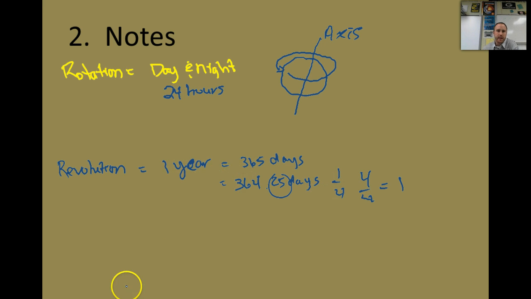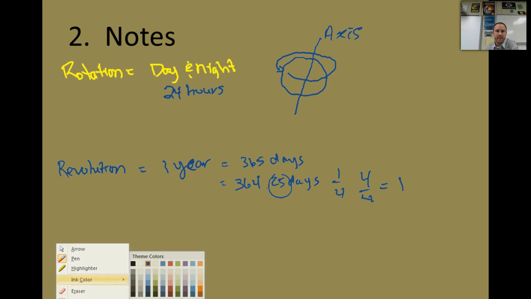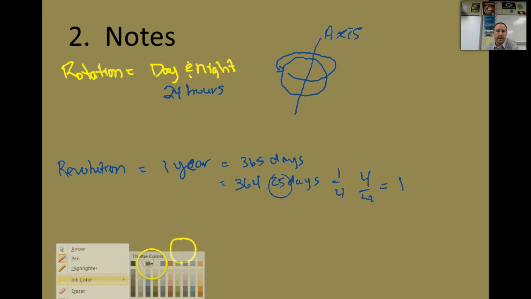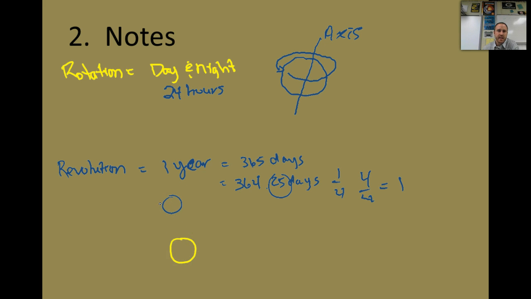So 1 year. Now, what you have to understand about this is that if this is our sun, and our Earth is located right here, the Earth is revolving around the sun. It's going around the sun. And so when it makes one complete revolution all the way around, we call that a year.